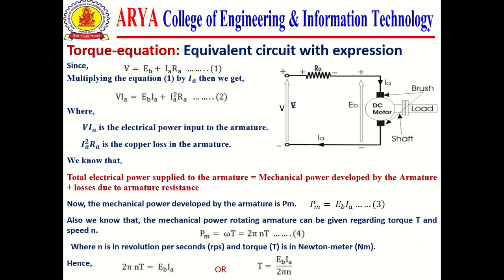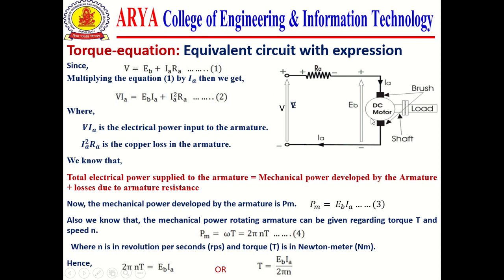Now here you can see how we derive the torque equation. For the derivation of the torque equation, we take the equivalent circuit of a DC motor. This is the ideal circuit representation of the DC motor, as well as the armature of the DC motor. Here you supply the voltage, and this RA is the armature winding resistance, and this is the motor.